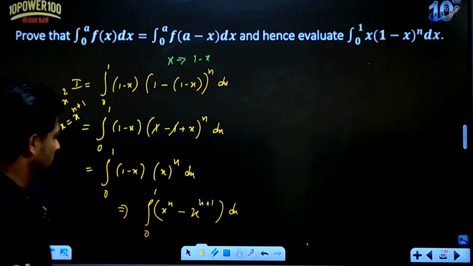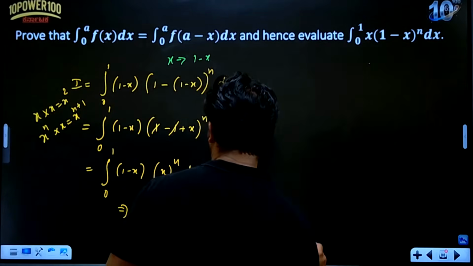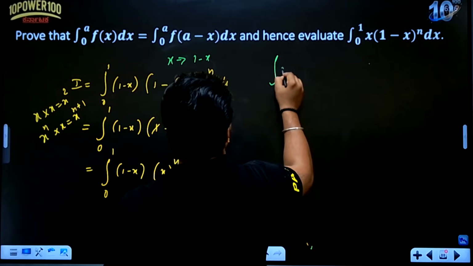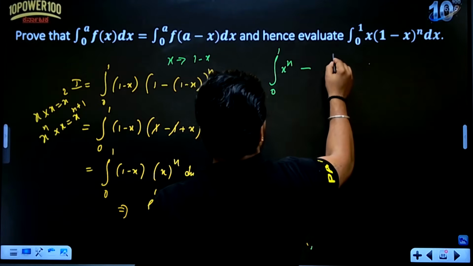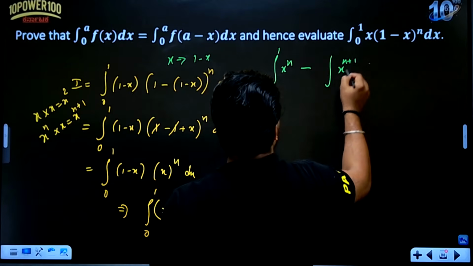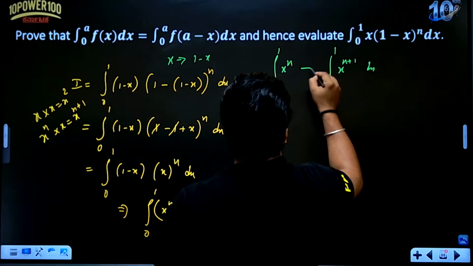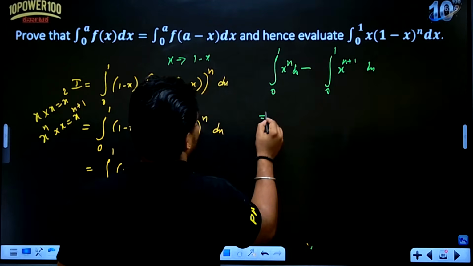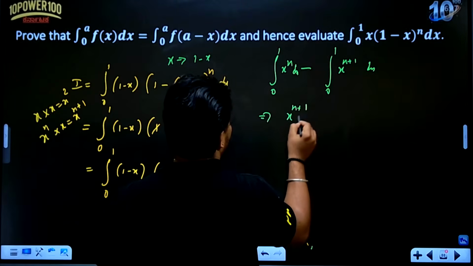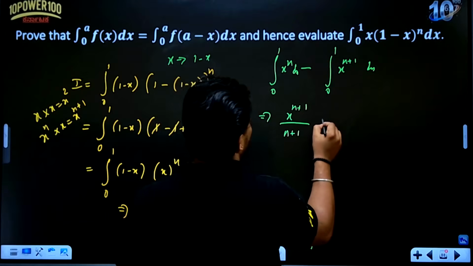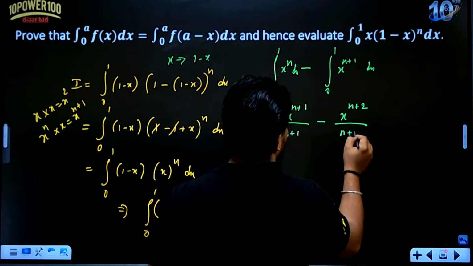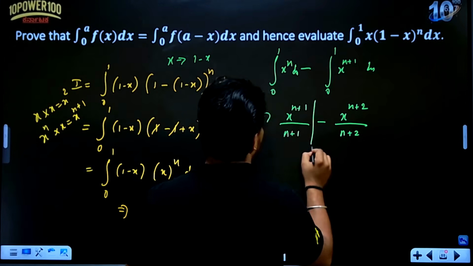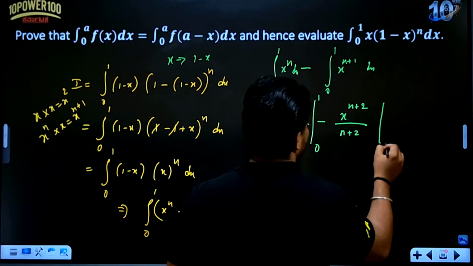Yeah, so next, integration of this. Integration of x to the power n from 0 to 1 minus integration of x to the power n plus 1 from 0 to 1 dx. The integral of x to the power n is x to the power n plus 1 divided by n plus 1, minus x to the power n plus 2 divided by n plus 2, with the limits 0 to 1.